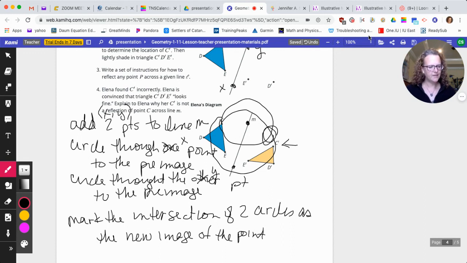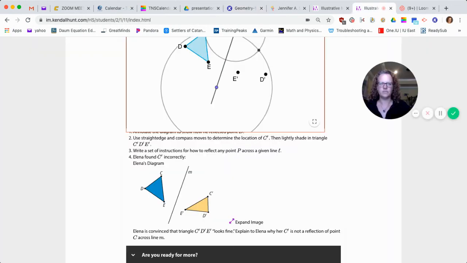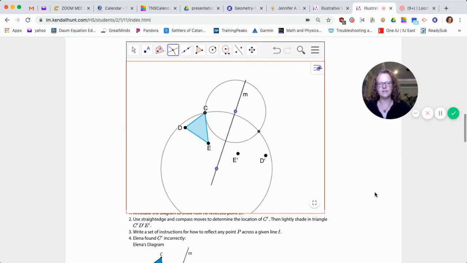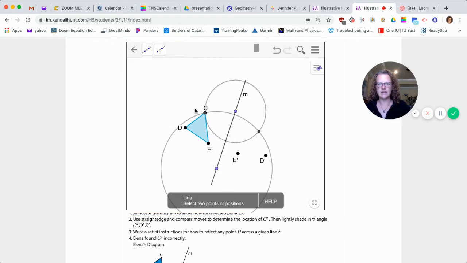Yep. All right. So we have just learned how to reflect things across a line. We just reflected point C across line M. And actually, I'm going to take it one step further. You might want to write this down.